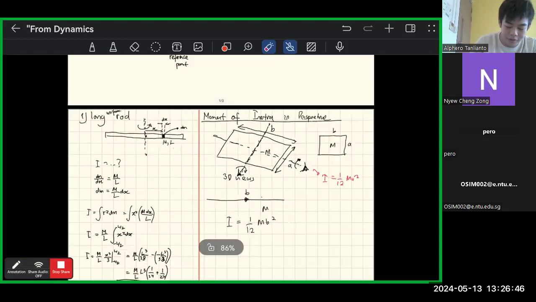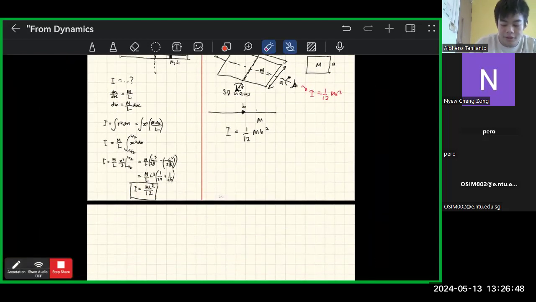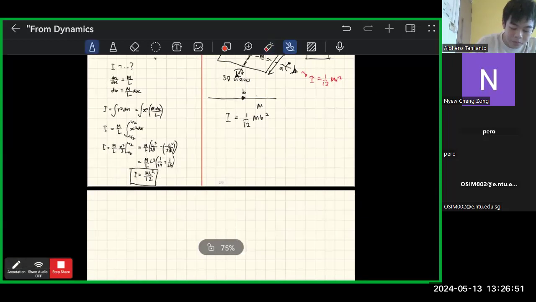Got it? Okay. So the next thing is what we call the parallel axis theorem.